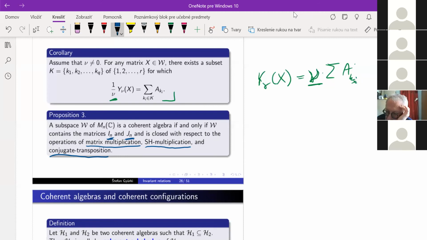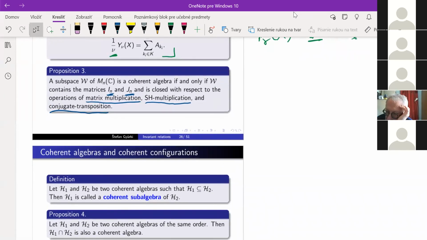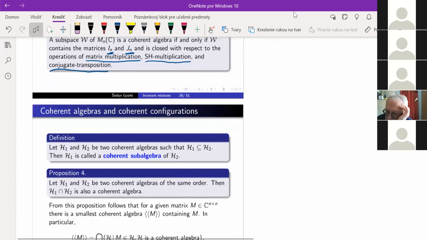So this is a sufficient condition for checking whether a matrix algebra forms a coherent algebra.